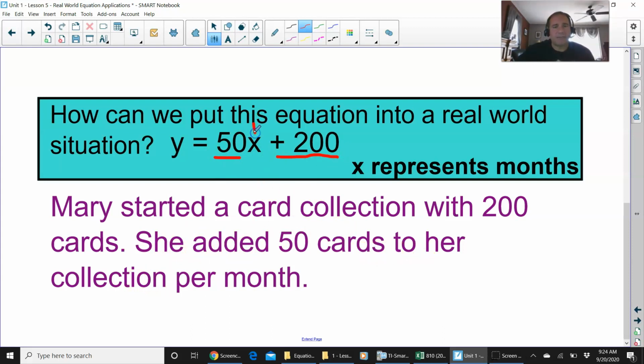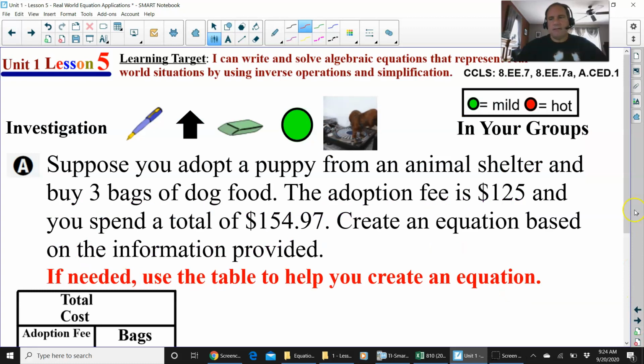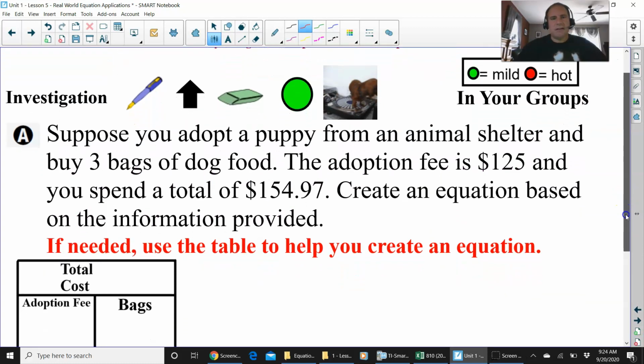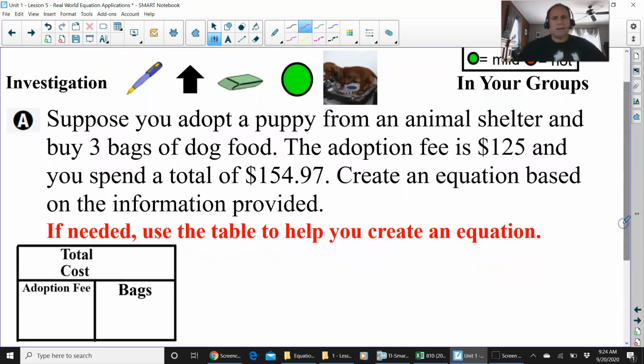Remember, the X represents months. You could do this with money. You could do this with anything that you could say is a collection. So that's exactly how I saw it. Hopefully you did have something the same.